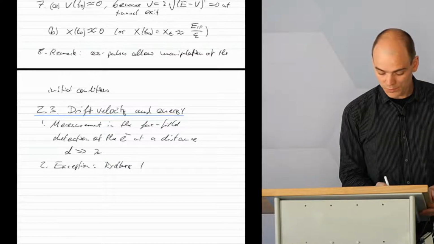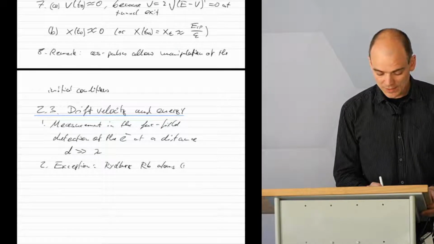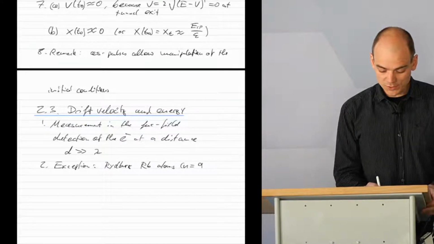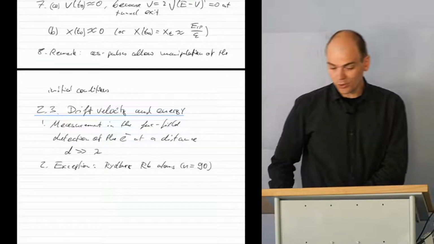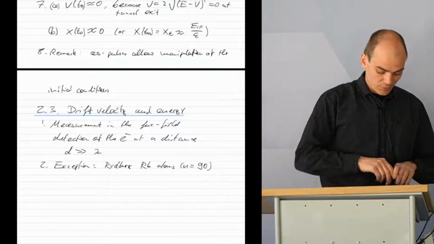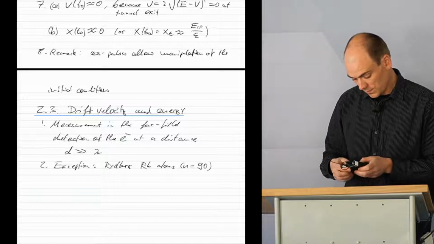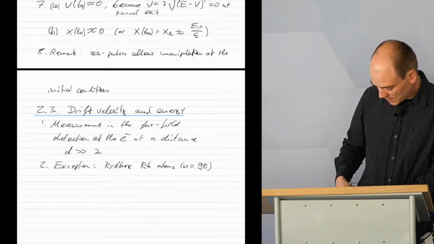These are rubidium atoms, prepared in a state with a high principal quantum number.